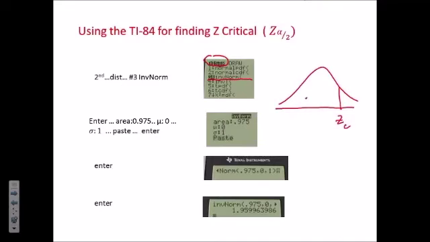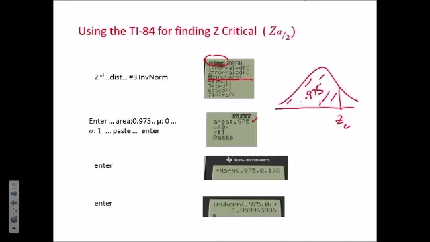Z critical has an area below of 0.975. Depending on how new your calculator is, the new ones have a menu where you put in the area below, 0.975.